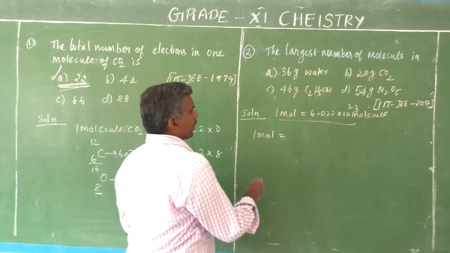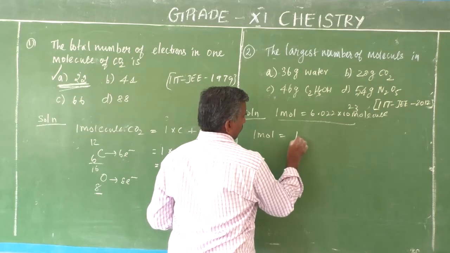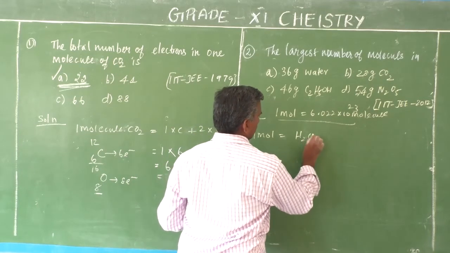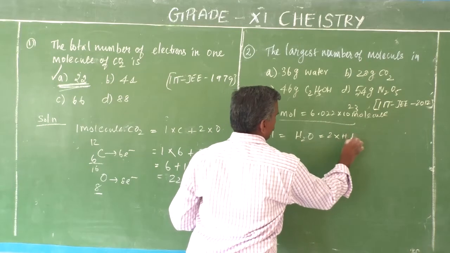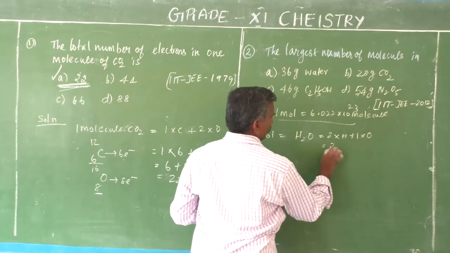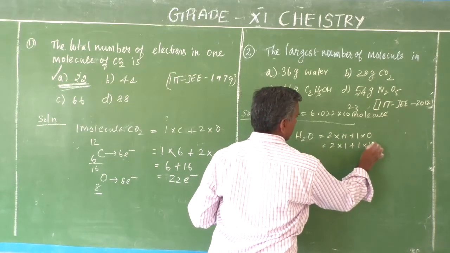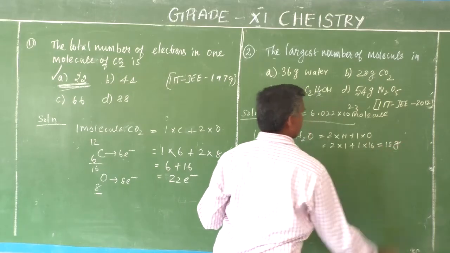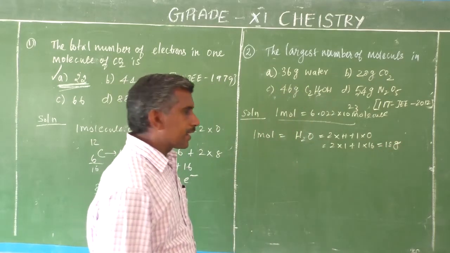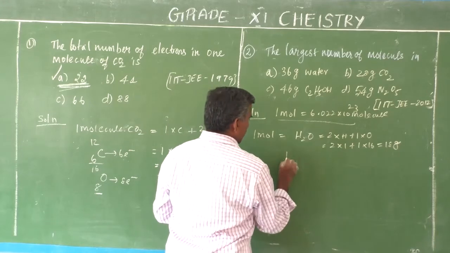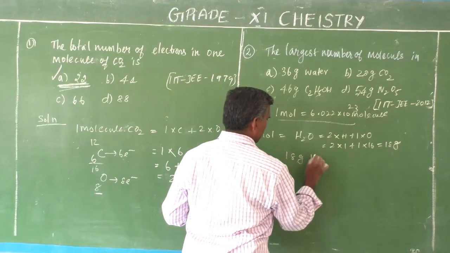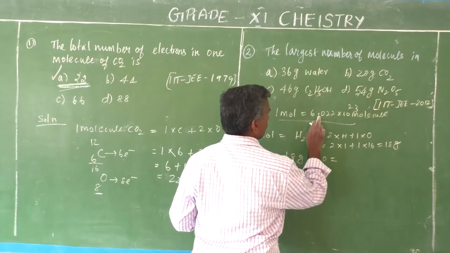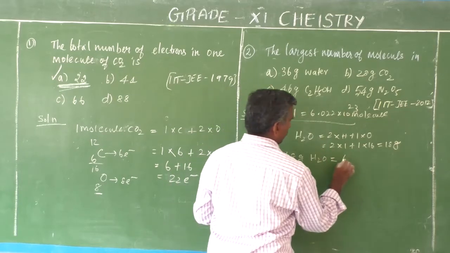What is the molecular mass of water? 2 hydrogen plus 1 oxygen, 2 times 1 plus oxygen 16, that is 18 gram. So 1 mole is equal to 18 gram of water. How many molecules? 1 mole is equal to Avogadro number of molecules.